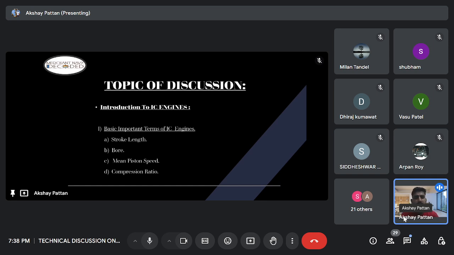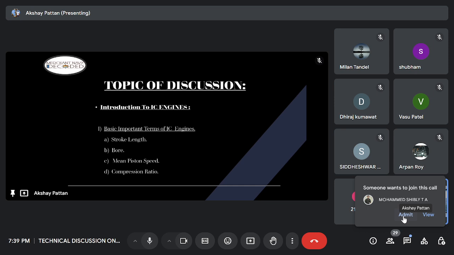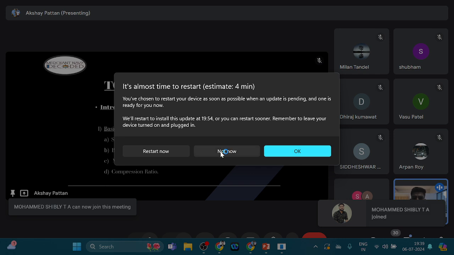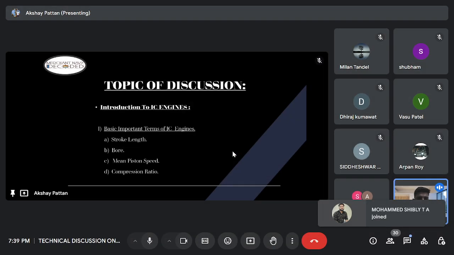Guys, the basic important terms include stroke length, bore diameter, mean piston speed, and compression ratio. Can anyone tell me what you mean by stroke length? Sir, when the piston moves, the distance between BDC and TDC is called the stroke length. Any other answers? What do you mean by stroke length?